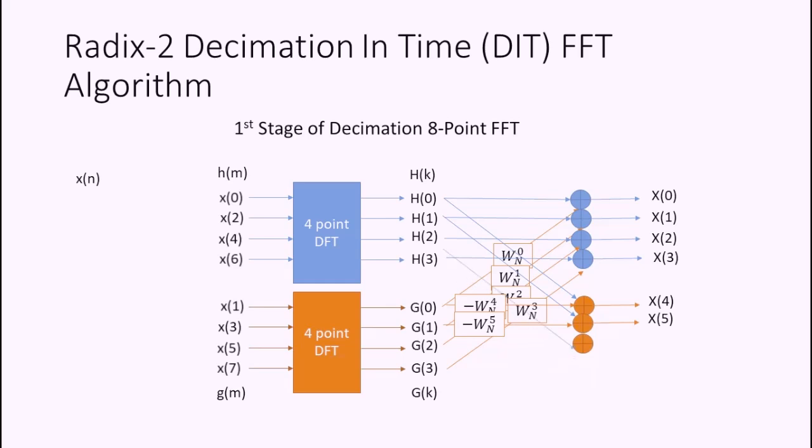X6 is also H2 plus G2 times minus W_N^6, and X7 is calculated as H3 plus G3 times minus W_N^7. This is the first stage of decimation of the 8-point FFT.